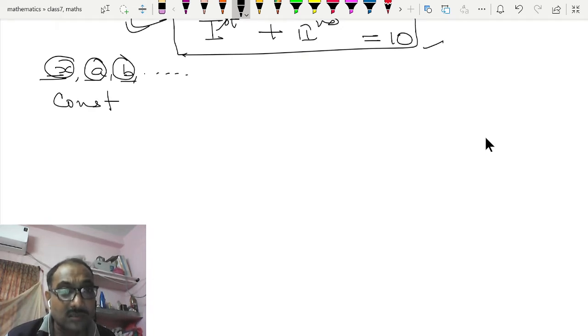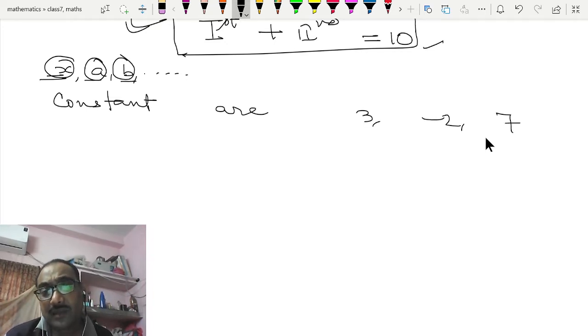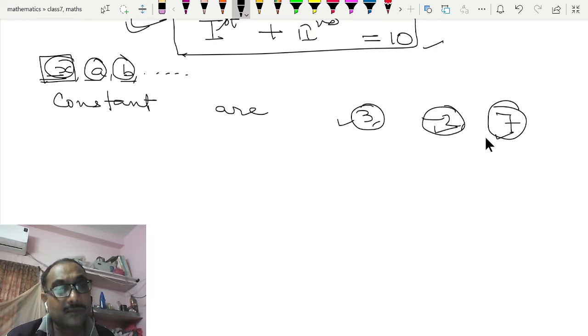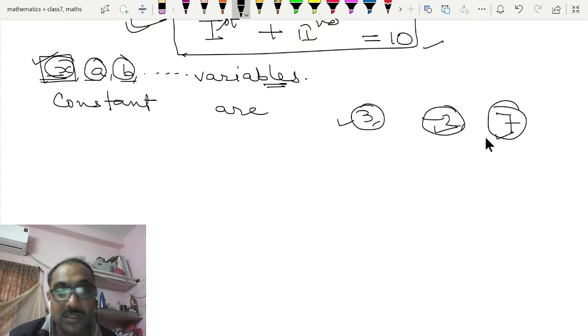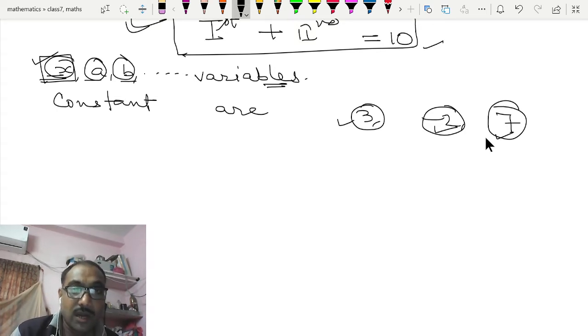What are the constants? Constants are 3, -2, 7, because you cannot change their value. In any question these numbers are fixed, but the value of x will be different in different questions. That is why we call it a variable. Now I am going to start forming equations from word problems.